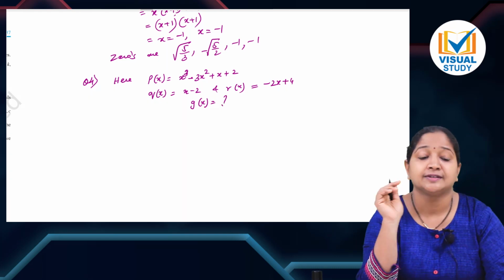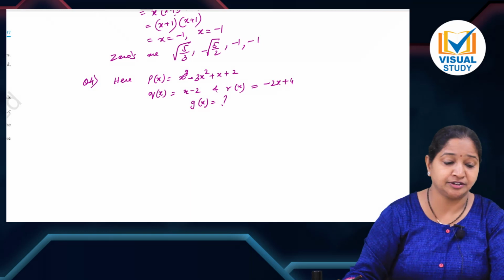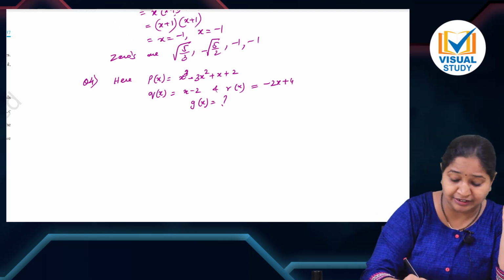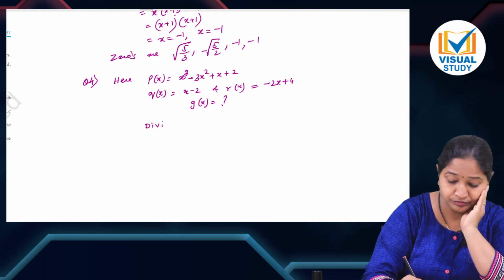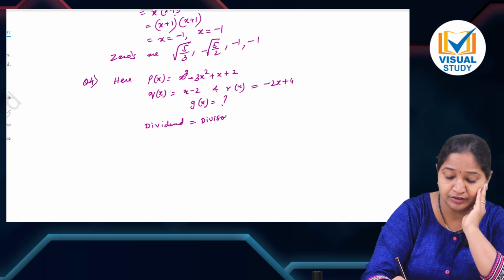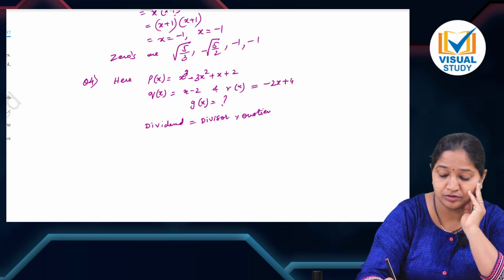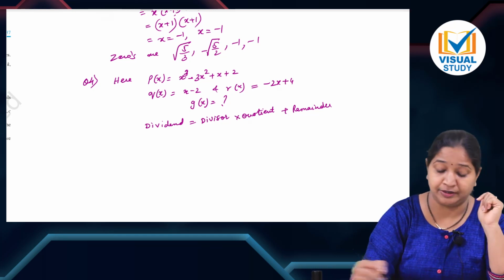Don't panic with this question. What you have to do is just use the formula you know: dividend is equal to divisor into quotient plus remainder.